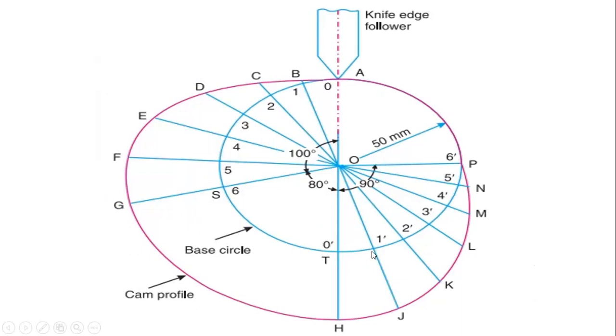With 1 dash as center, take 1 dash to J length from the displacement diagram, and cut it from 1 dash on the extended line. So we got the point as J. Take the positions for the remaining points also with a similar procedure. Then we have J, K, L, M, N, and P. From H to P, by joining all these points, you have to draw a freehand curve.